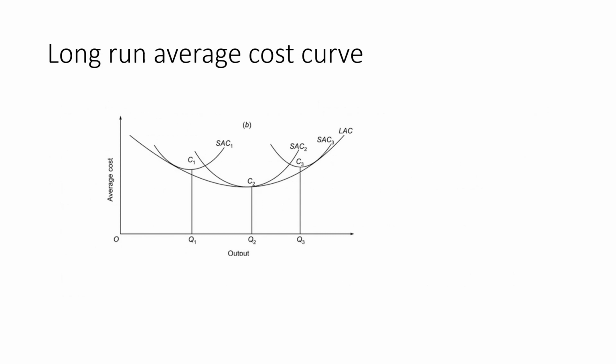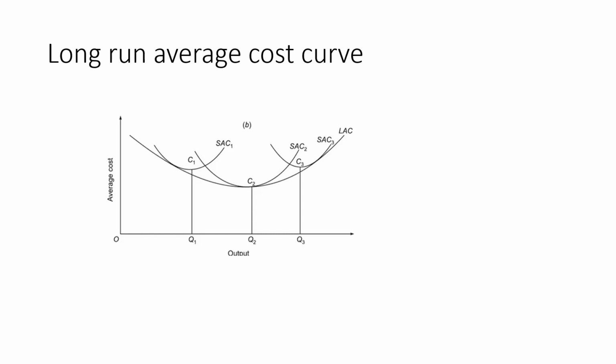So there is the long run average cost curve. Under this curve, the average costs of production reduce as a result of the economies of scale, and this is shown by the decreasing long run average cost curve.